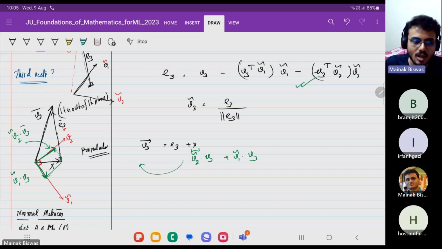Yes. So along all the components that you already have, you will be taking components and removing the component with respect to that. So if you have a plane which has two perpendicular components, right? And you remove the two perpendicular components, you will be left only with the component perpendicular to that plane. Yes or no? Yes.